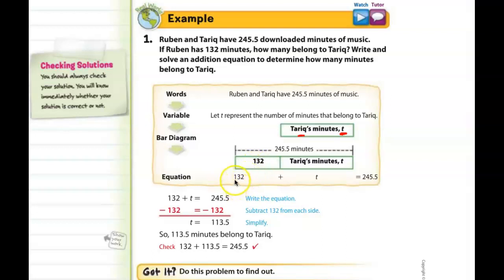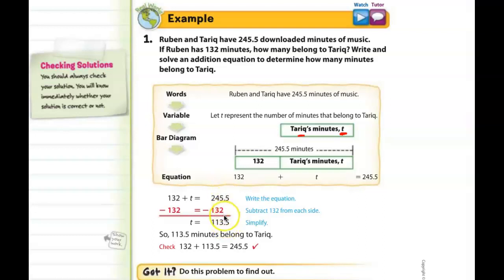So if we write the equation, it's going to be 132 plus t equals 245 and 5/10. So once we write that equation out, we want to get this t by itself. So if we have a positive 132, of course we're going to put a minus 132 underneath it. And we're going to do the same thing to the other side. So 245 and 5/10 minus 132.